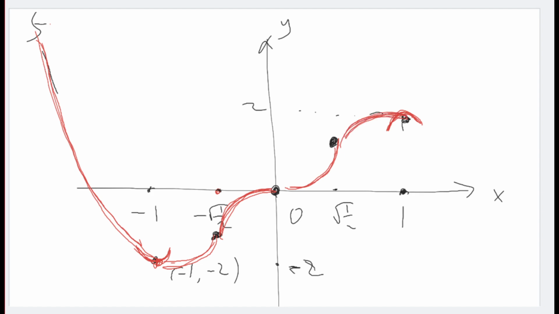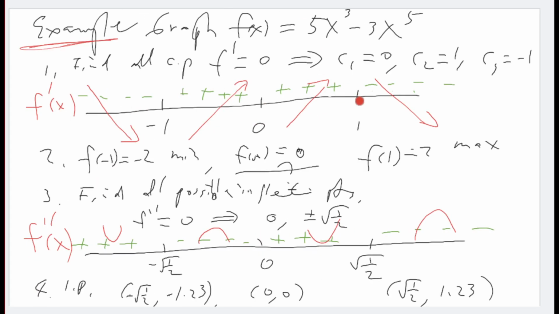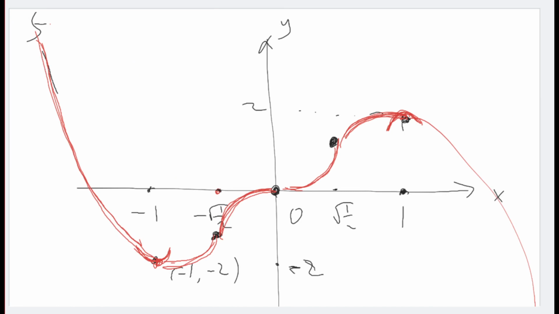As a matter of fact, it's concave down all the way, which also reflects the fact that the graph is decreasing from 1 to positive infinity. So you can double-check everything, and this is how we come up with the graph.